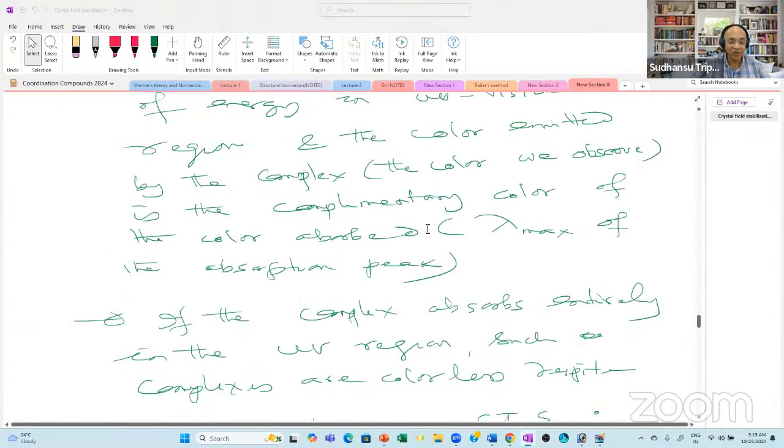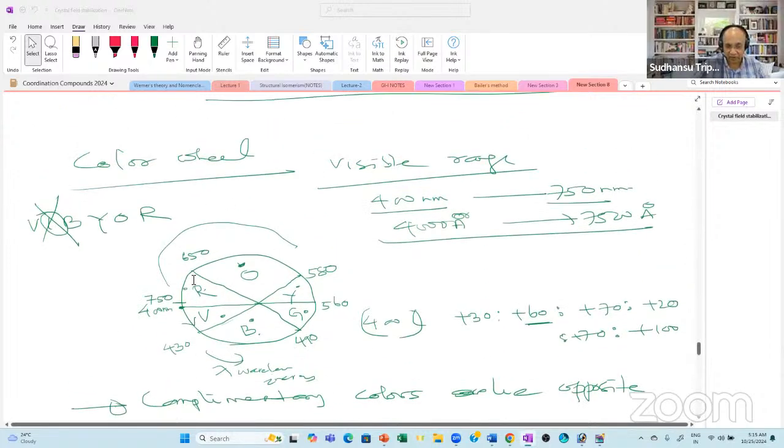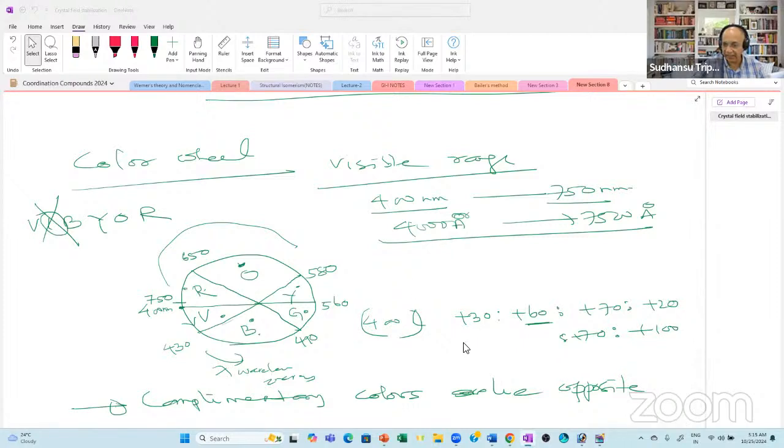Very good. So yesterday we had a color wheel. We started from 400, then the jumps, the gaps have to be remembered: 30, 30, 60, 70, then 20, then 70 again, then 100. So you'll go from 400 to 700 in anticlockwise manner.